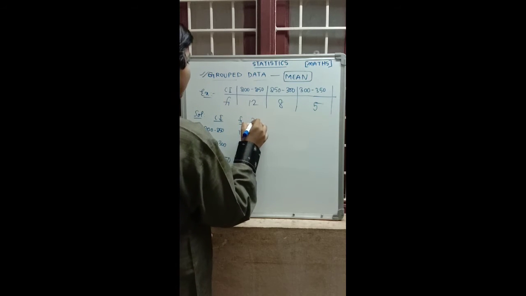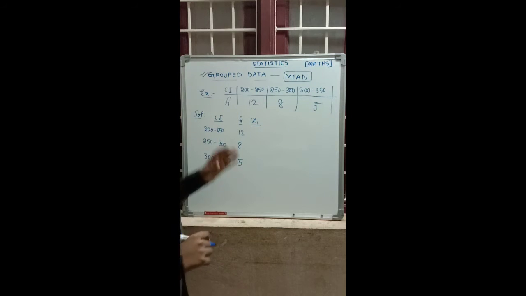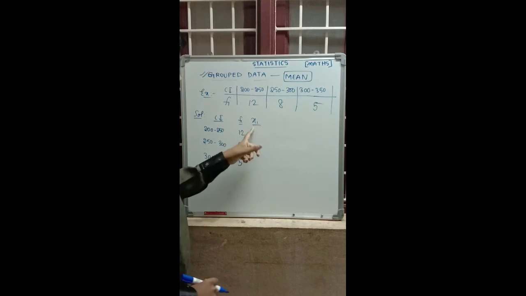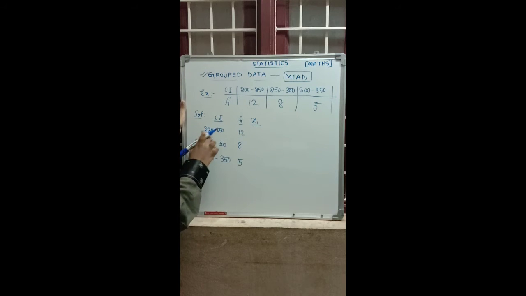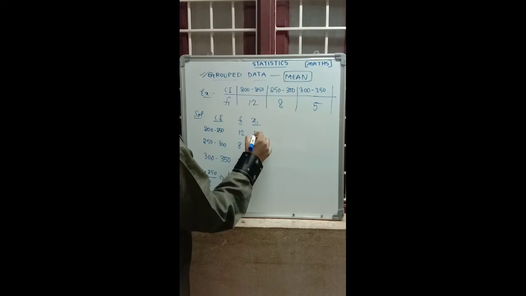Next we have to find xi, as we want di also. For every question in grouped data we have to find xi, the class marks: upper limit plus lower limit by 2. 200 plus 250 by 2 is 450 by 2, which is 225. The xi value for the first one is 225.